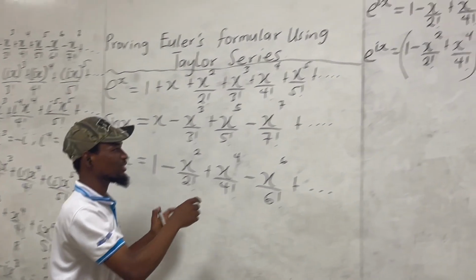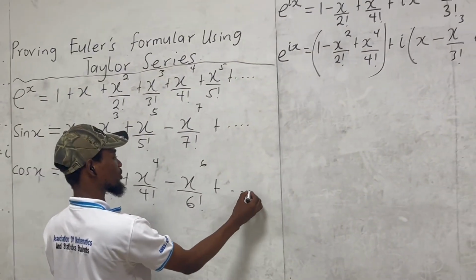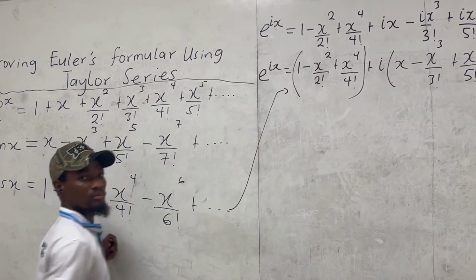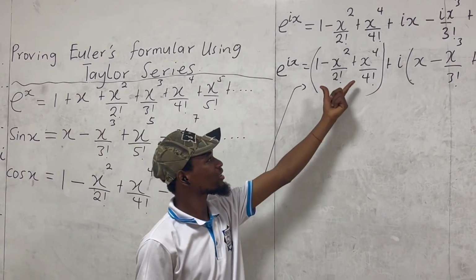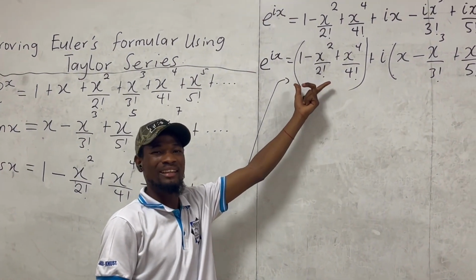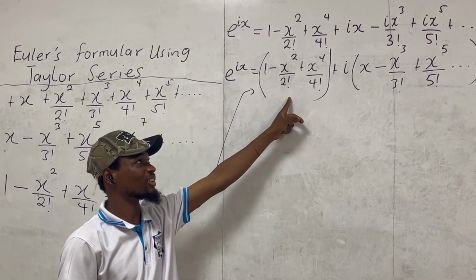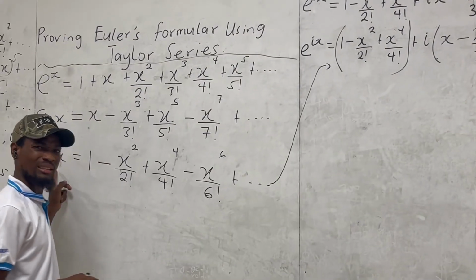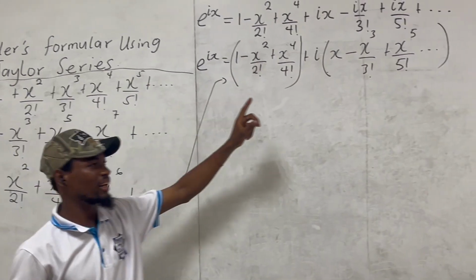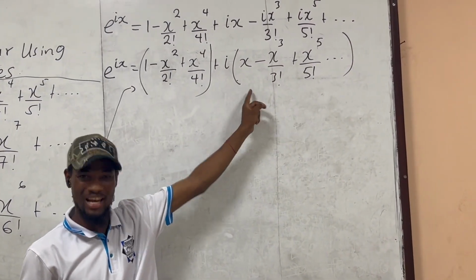And you can see over here, this corresponds to this. So this represents the Taylor series expansion for cos, and this represents the Taylor series expansion for sine.